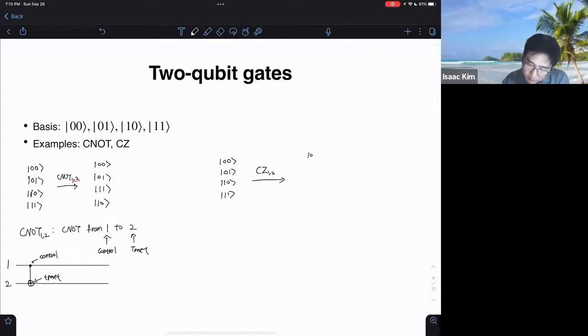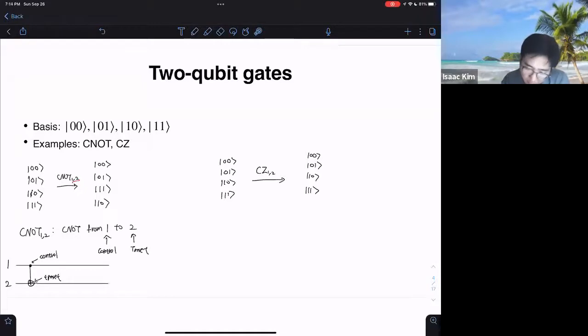But we'll later see that there's something different about the CZ gate compared to the C naught gate. According to this rule, we look at qubit number 1, and only if it's 1, you apply the Z gate to the second qubit.